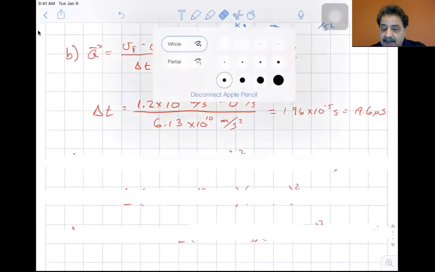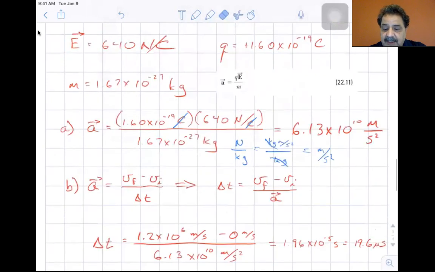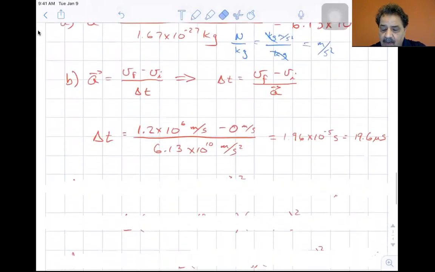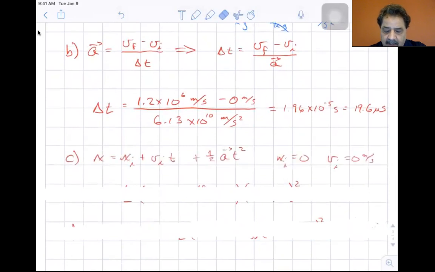Now let's look at C. C says, how far does it move in this time interval? Well, we're going to go all the way back to our equations of motion. How far it travels is equal to x initial plus v initial times t plus 1/2 acceleration times t squared.